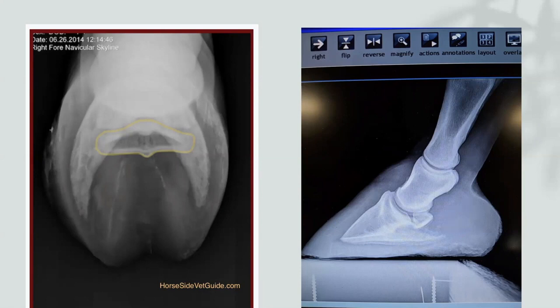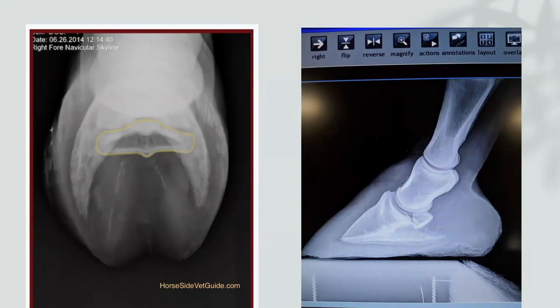Navicular. Excellent. That is your navicular bone. And if you use your detective skills, at the top of that screen, it says right fore navicular skyline. So that picture is actually taken from the back of the hoof up top, almost kind of taking our x-ray from the fetlock and then looking down on that navicular bone.